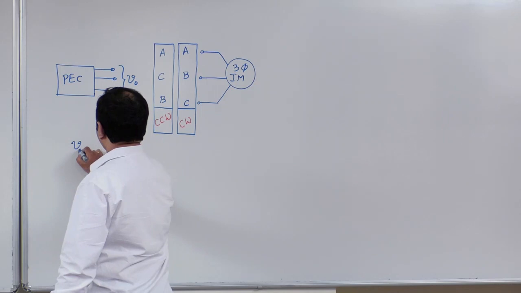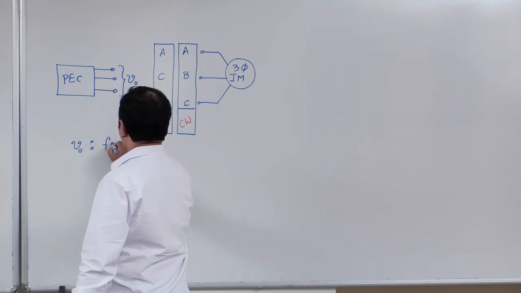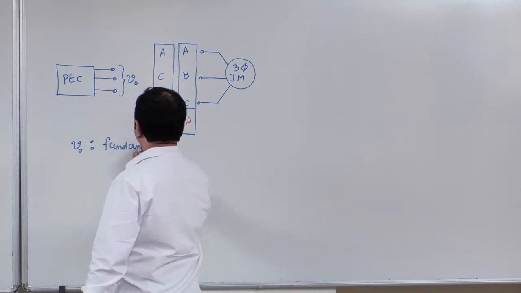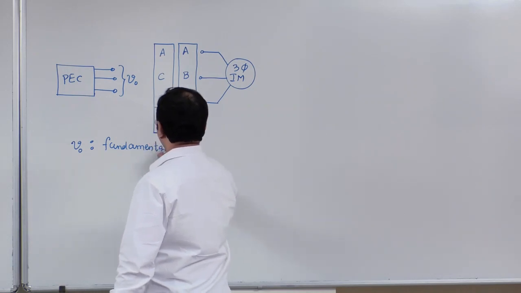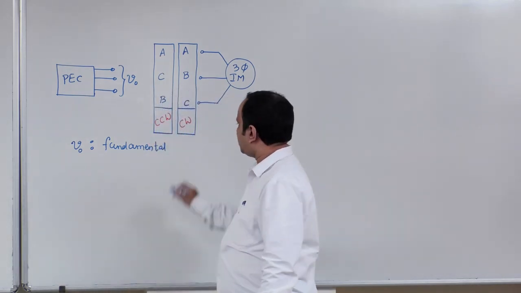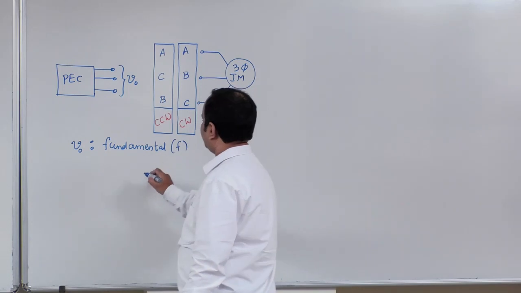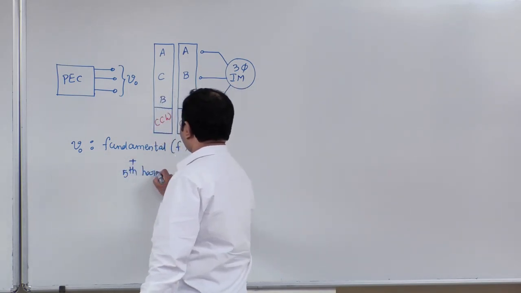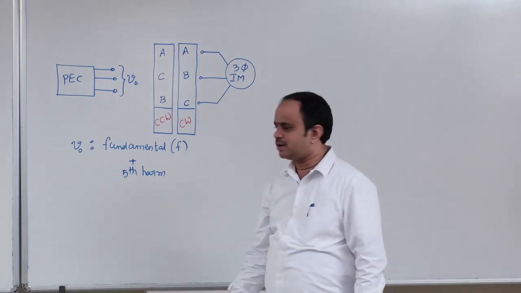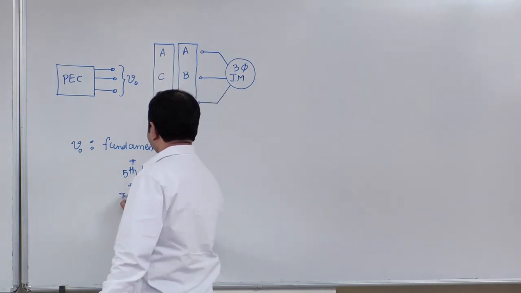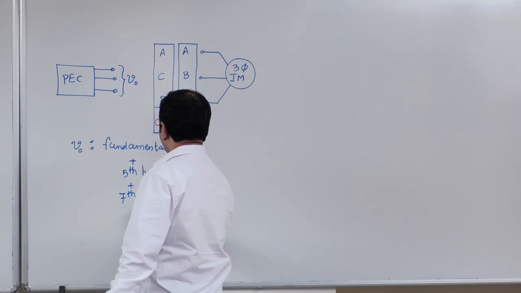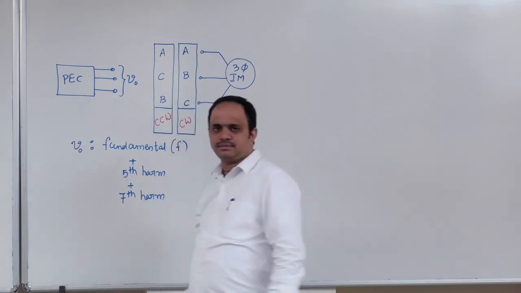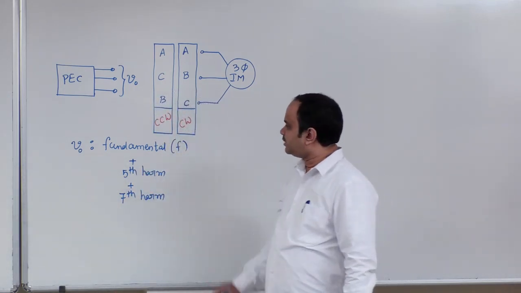This V0 contains one fundamental component of frequency F plus a fifth harmonic component plus a seventh harmonic component.